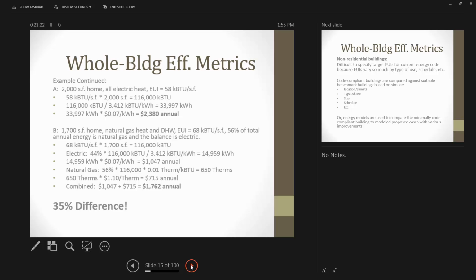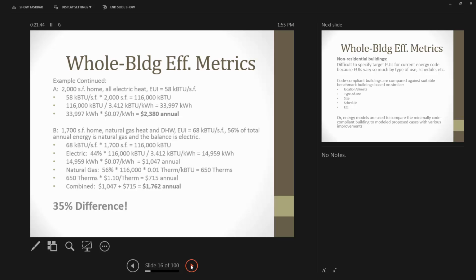What's the 3,412 for again? BTUs per kilowatt hour. Oh, okay. Remember back from the very first simple example, when you've got two forms of energy, we've got to convert them so they're all in one unit. We're doing it the other way now.